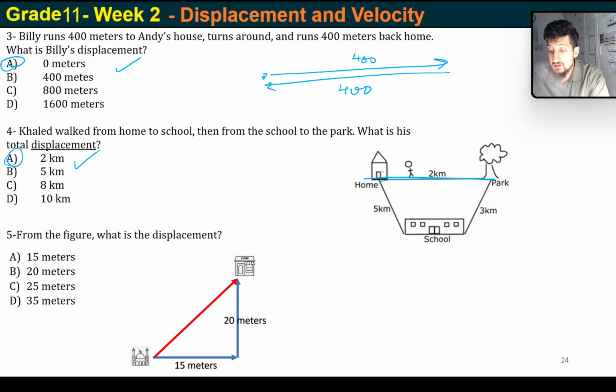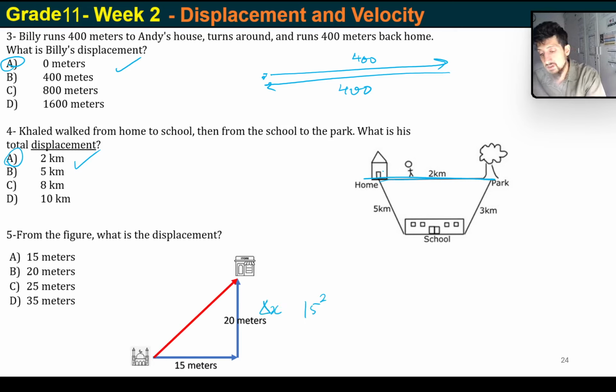From the figure, what is the displacement? This figure here we're talking about. Well, in this case, we need to use Pythagoras' theorem because it seems like we're talking about this guy here, the one in red. So it's going to be 15 squared, which is 225. Sorry, it's going to be the square root.